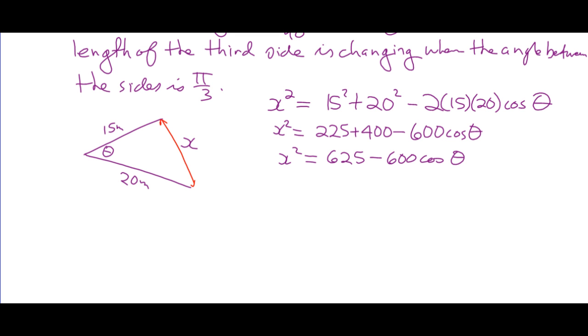We want dx by dt, and we have x squared, so we can just take the derivative of both sides. We get 2x dx by dt is equal to minus 600 cos, and the derivative of cos is a negative sine, so it would be plus 600 sine theta d theta by dt.